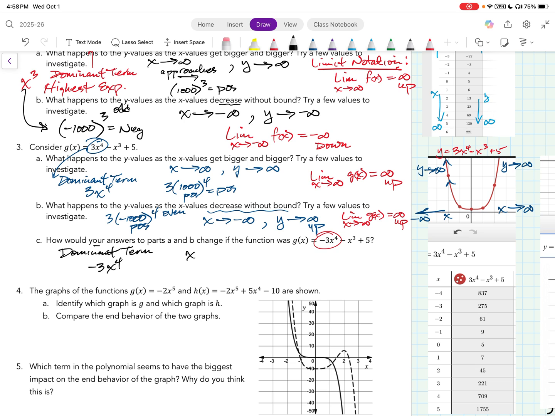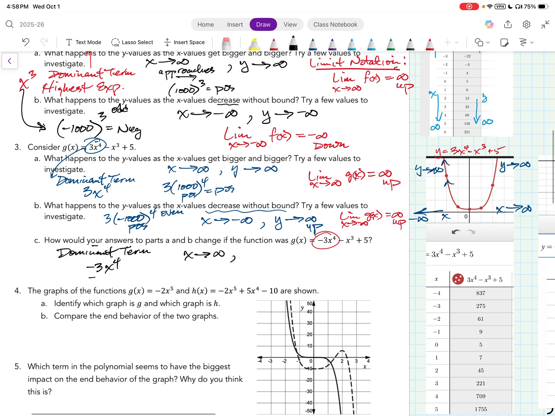So as x approaches infinity, as it gets really, really big, what kind of number do we get? So negative 3 times 1,000 to the fourth. 1,000 to the fourth is positive, but a positive times a negative is a negative. So the y values are getting really negative. So y is going to negative infinity now, which means it must be going down.